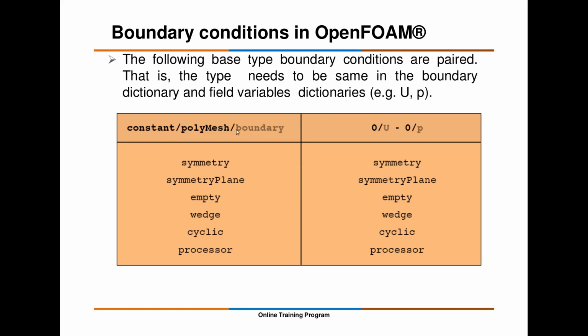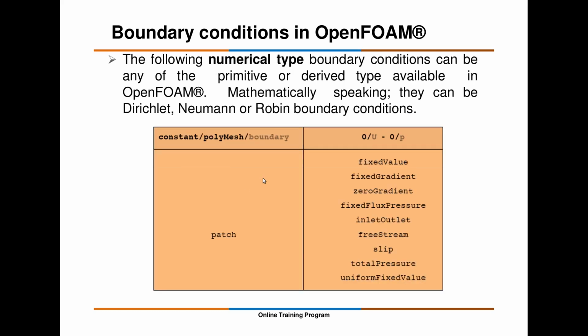The following types of boundary condition go as a pair, as I told you. If you specify symmetry in the boundary file, then the 0 folder for all the variables must also be symmetry. If you specify symmetryPlane, it is supposed to be symmetryPlane. When you are working in 2D, it is the empty condition in the boundary file, and it must be empty inside the 0 folder. So it is called the paired type of conditions. One has to take this into account.